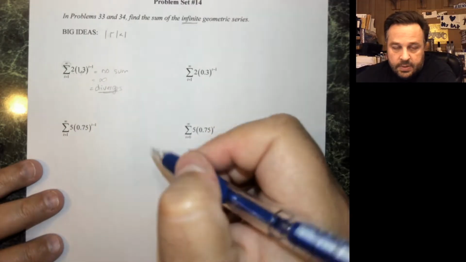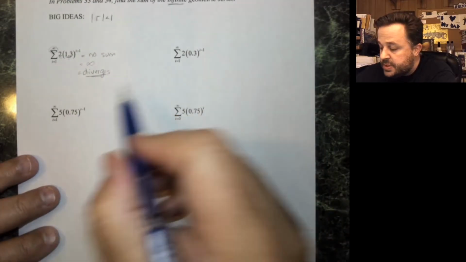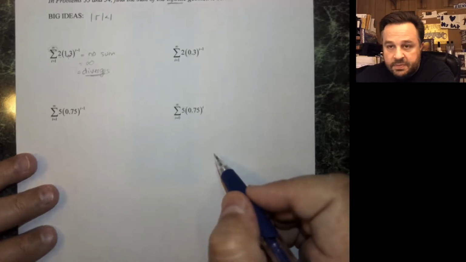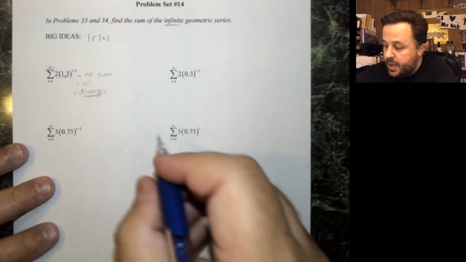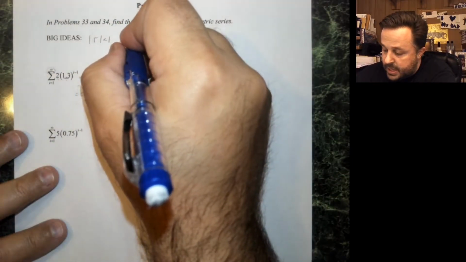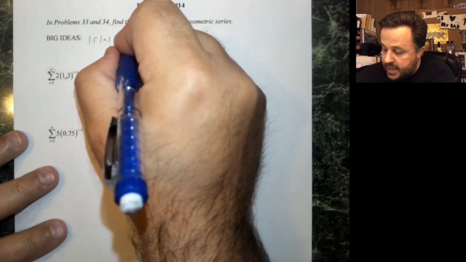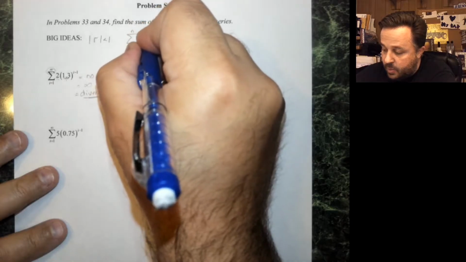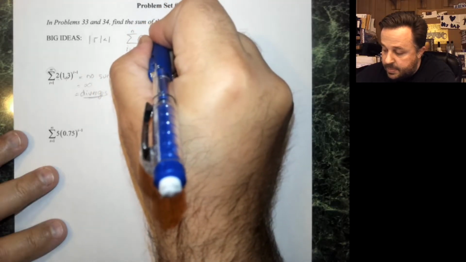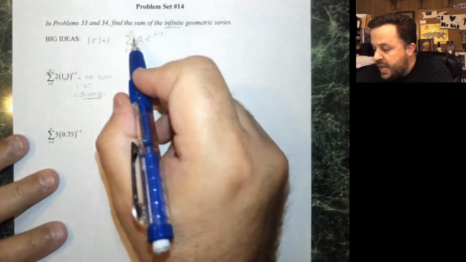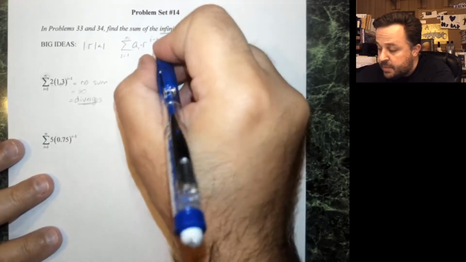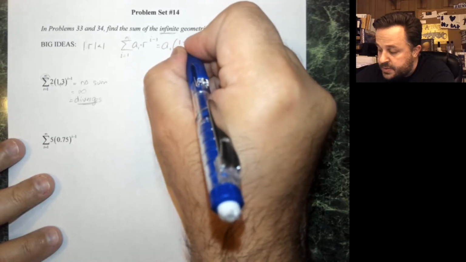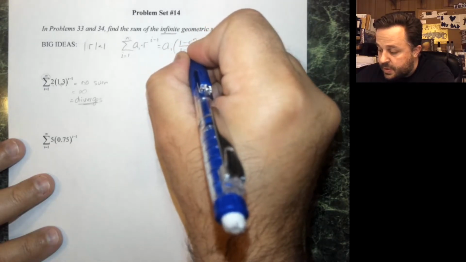So in these other examples, I have an r of 0.3 and an r of 0.75 and 0.75, so these should have sums. Now, if I take a look at my previous sum, when it was the sum from i equals 1 to n of a1 times r to the i minus 1, here n was a finite number, and so we would get a1 times 1 minus r to the n over 1 minus r.